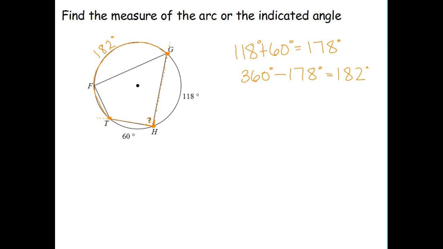It doesn't tell us what the angle is, because remember, central angles are equal to their intercepted arc, but inscribed angles are half of their intercepted arc. So if we know that the arc is 182 degrees, all we have to do is find what half of that is. So 182 divided by 2 is 91 degrees. So the measure of angle H down here is 91 degrees.